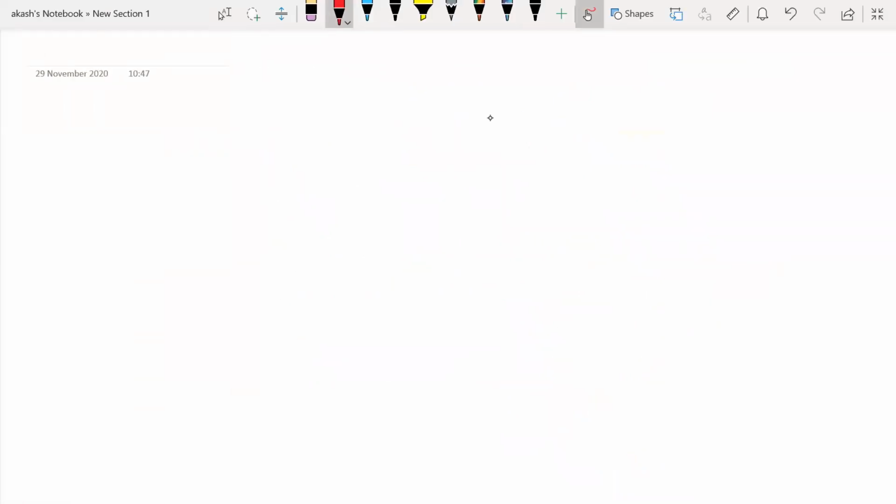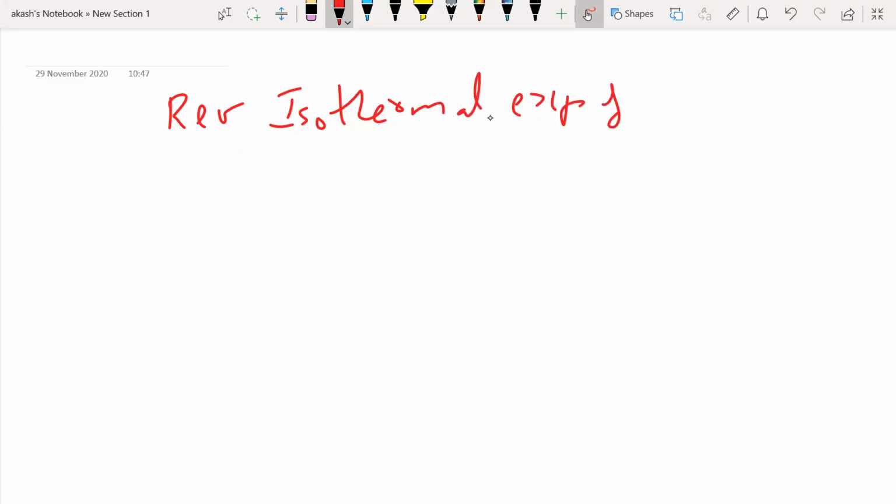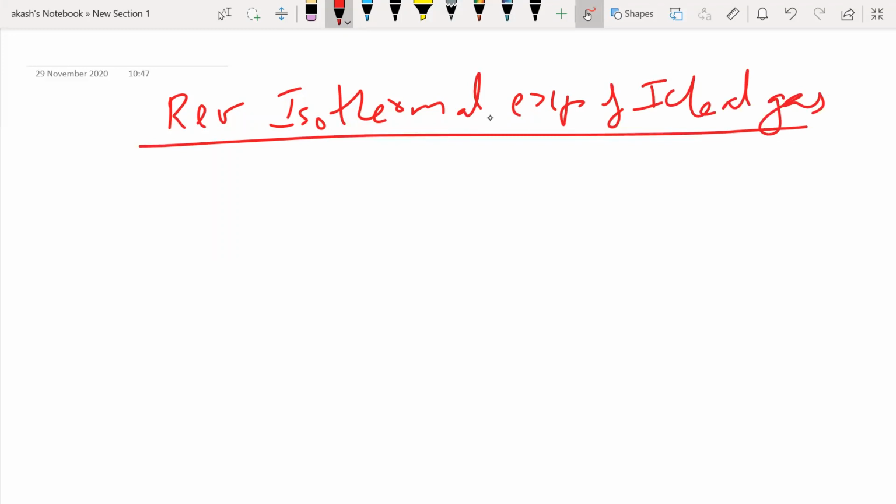So we are going for reversible isothermal expansion of an ideal gas, obviously, because you're going to use the ideal gas equation here. Reversible isothermal, or isothermal reversible, expansion of an ideal gas. Now how do we go about it?